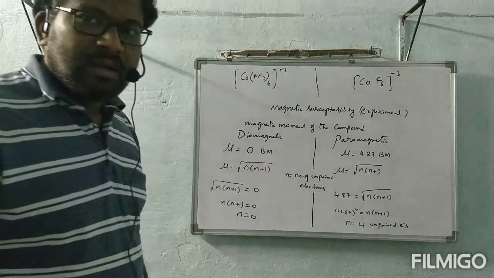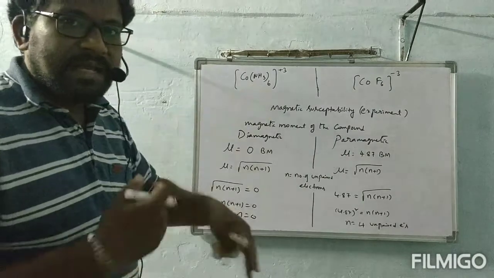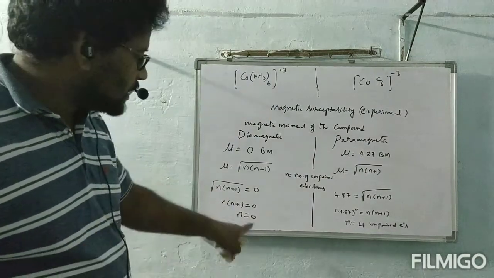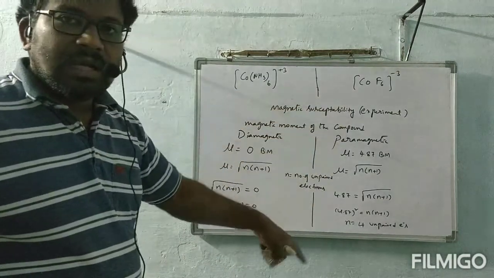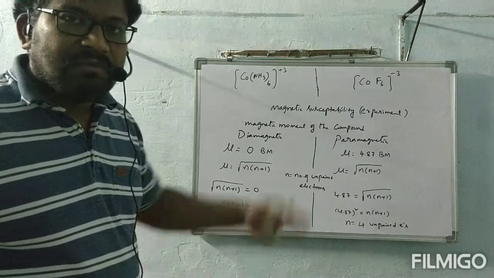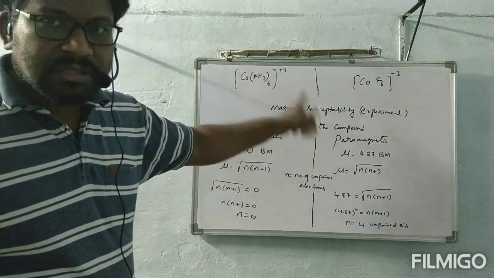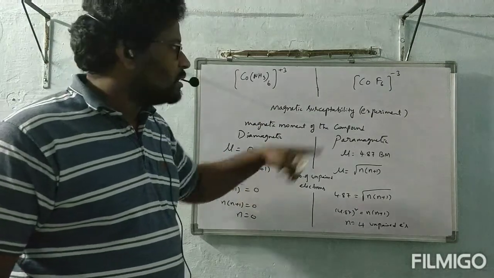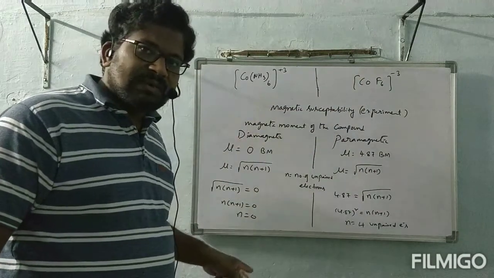In this way, for this one, pairing has taken place to explain zero unpaired electrons. In this one, it doesn't involve pairing, it follows Hund's rule, and then we will get 4 unpaired electrons. You have seen the previous tabular column, 4 unpaired electrons. Correct or not? This is a satisfying explanation, and this is also a satisfying explanation.